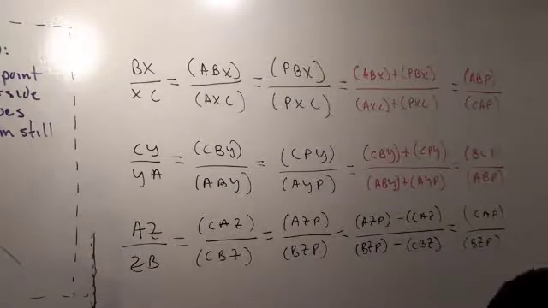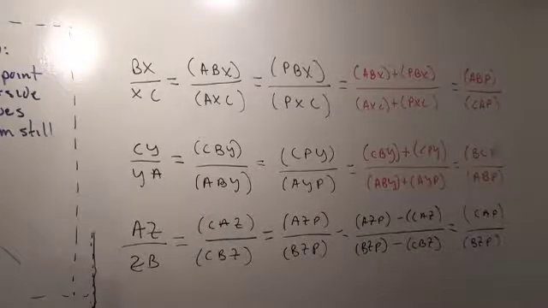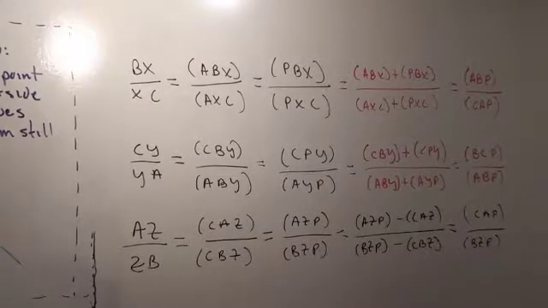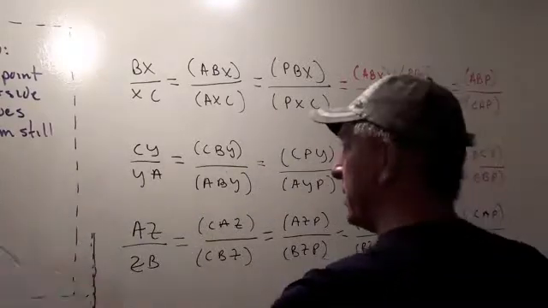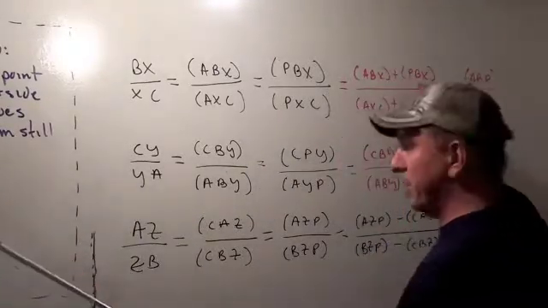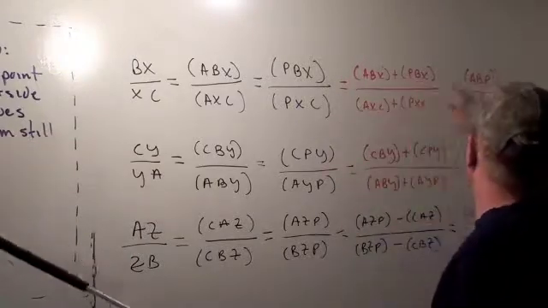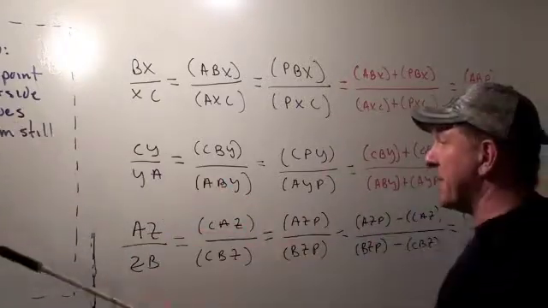Now, if you go back and look at the original proof of Ceva's theorem, what we did is we subtracted those two triangles away. But it turns out, with the intersection point on the outside of the triangle, instead of subtracting those areas, we need to add them. So we add those two areas together here. We take triangle ABX plus triangle PBX, and we get the triangle ABP.